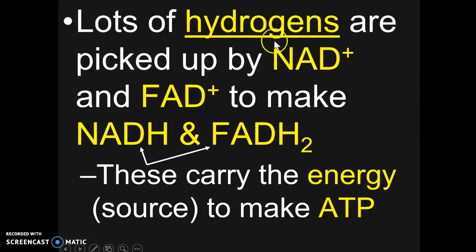So from the Krebs cycle, we get a lot of hydrogens that are picked up by NAD and FAD to make NADH and FADH2. These are going to be carried to the next step, and they carry the energy source to make ATP. So again, the whole point of respiration is to make energy in a usable form. So we want to make as much ATP as we can. And so far, we only have 4, which for one glucose molecule doesn't seem like a lot. So we want to make a lot more, and these energy sources are going to help us get that.